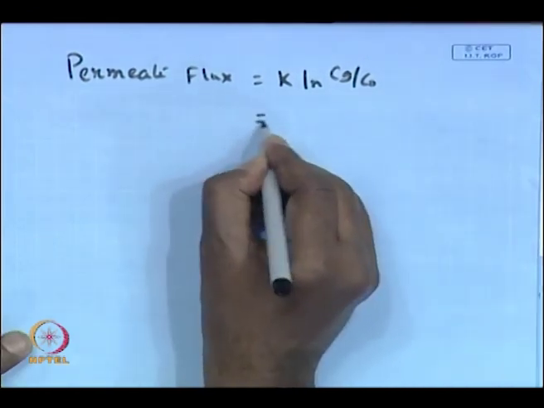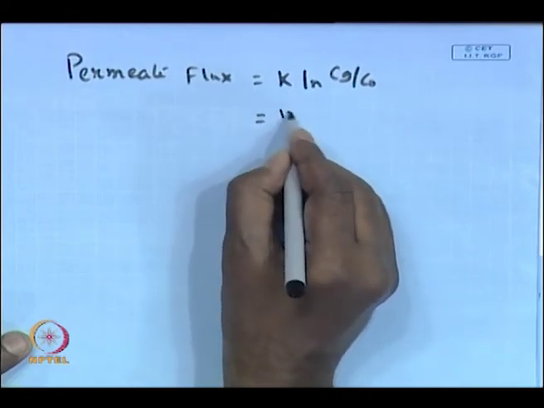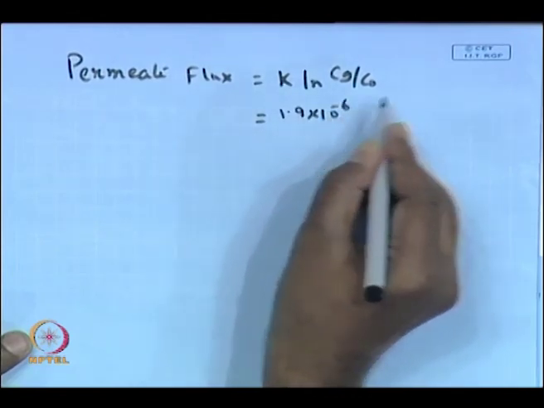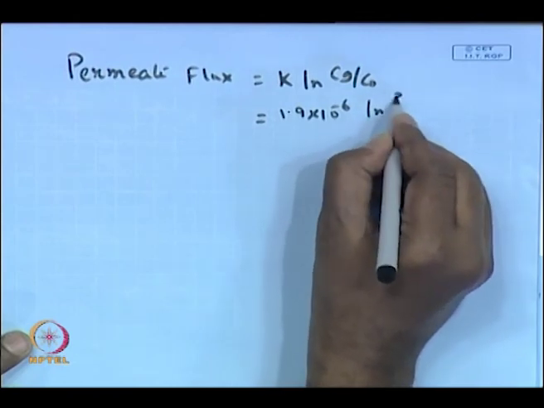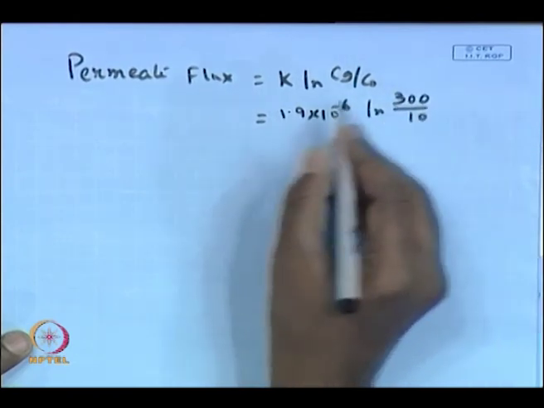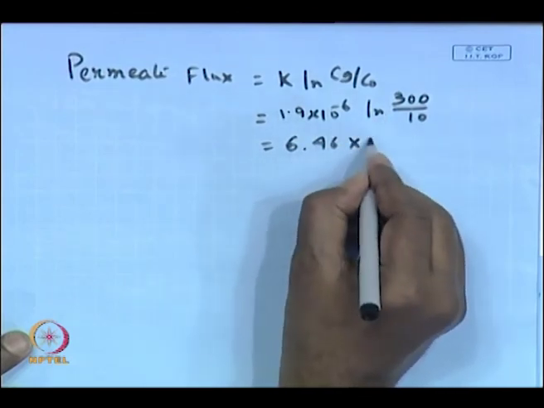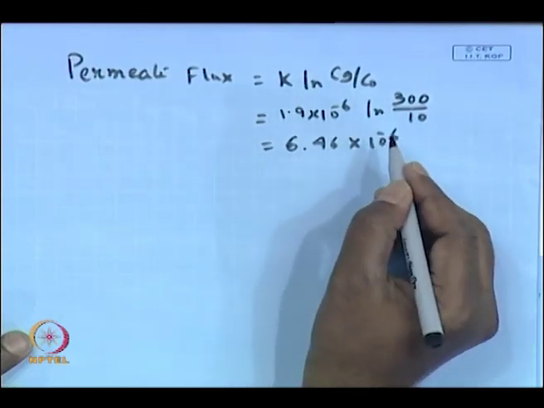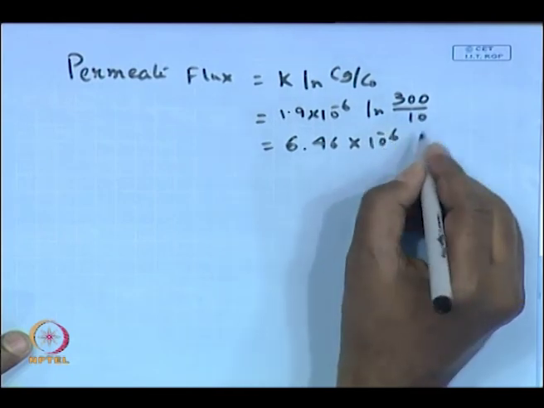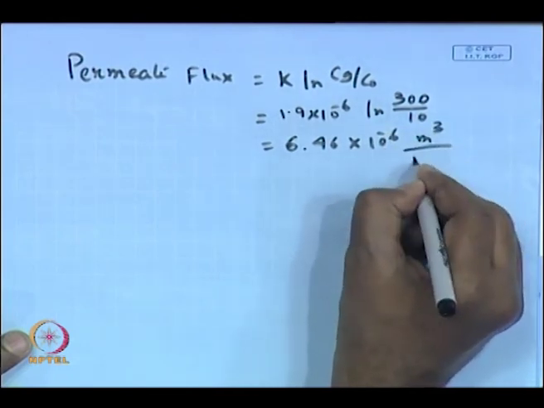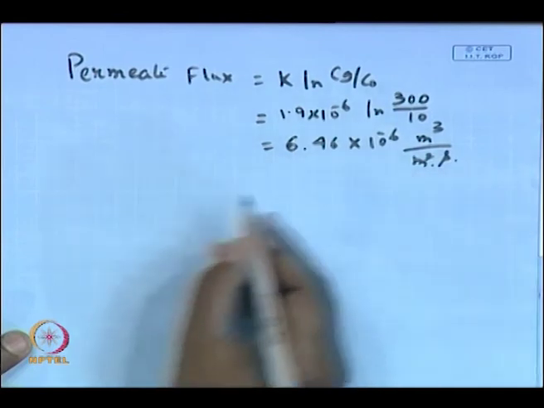So, this turns out to be 1.9 into 10 to the power minus 6 ln 300 by 10, and it is 6.46 into 10 to the power minus 6 meter cube per meter square second.